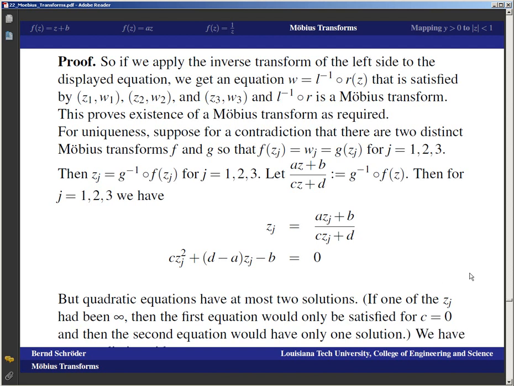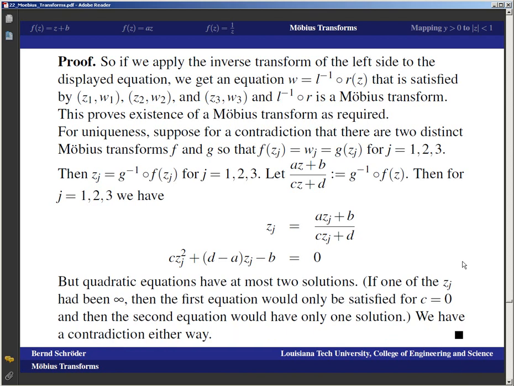Okay, so either way, we have proved the result. So let's pop everything up by one line, and we now realize, therefore, that we have a contradiction either way. Okay, we're almost done.